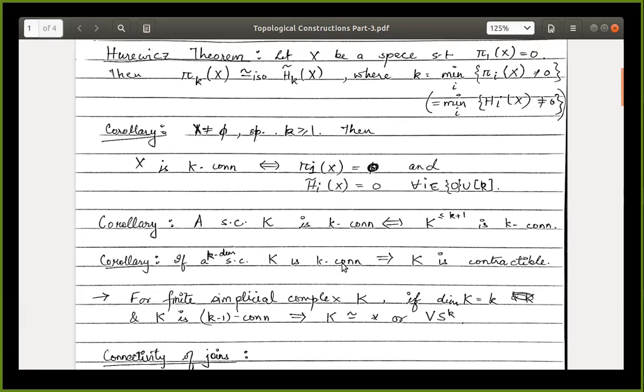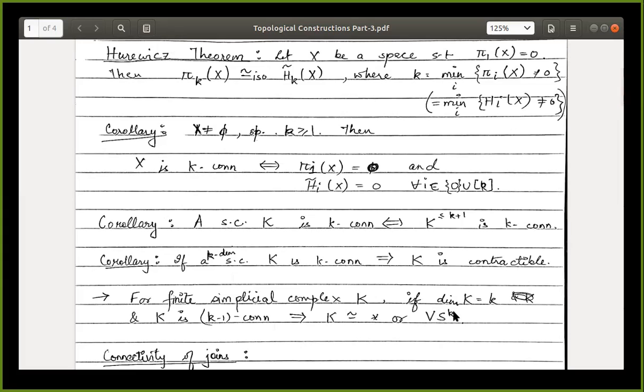Okay. Now, another fact which is very important and comes in very handy when you're doing calculations is that for any finite simplicial complex K, if the dimension of the simplicial complex is k and the space is (k-1)-connected, then either K is contractible, that is, it is homotopy equivalent to a point, or it is a wedge of k-dimensional spheres.